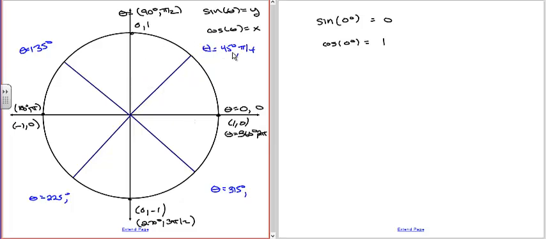And the same thing applies for the radians. You're counting by pi over 4. So 1 pi over 4, 2 pi over 4, 3 pi over 4, 4 pi over 4, 5 pi over 4, 6 pi over 4, 7 pi over 4. So those are the degrees and radians associated with those points.